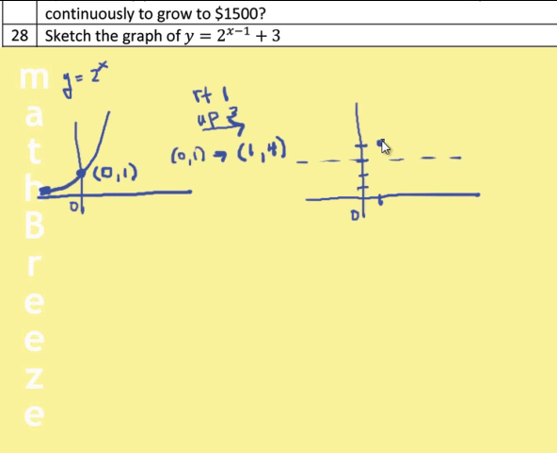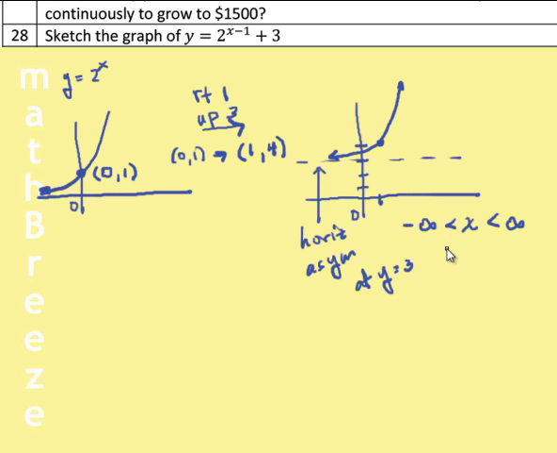Right there. And we'll just basically copy the graph over. So that's the horizontal asymptote at y equals 3. Let's write down the domain. The domain is x is between minus infinity and infinity, and the range is y greater than 3.